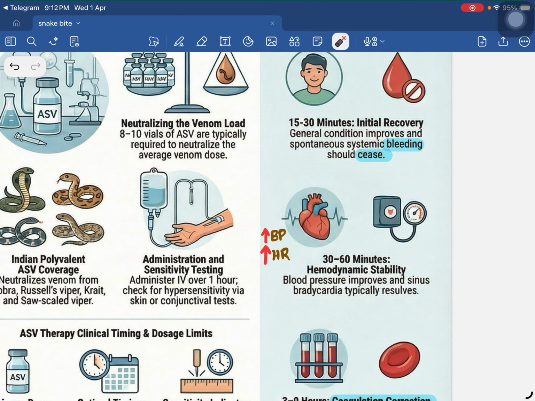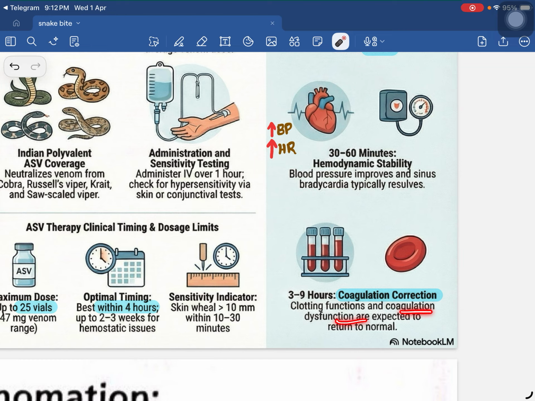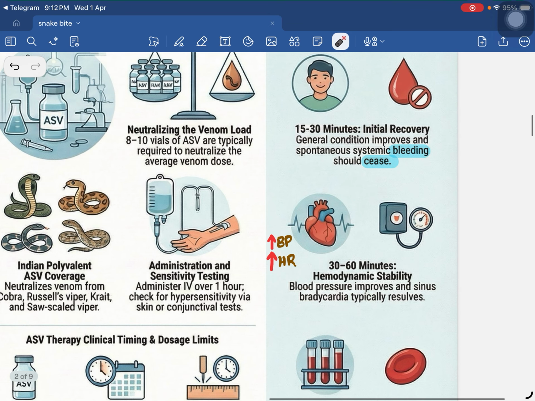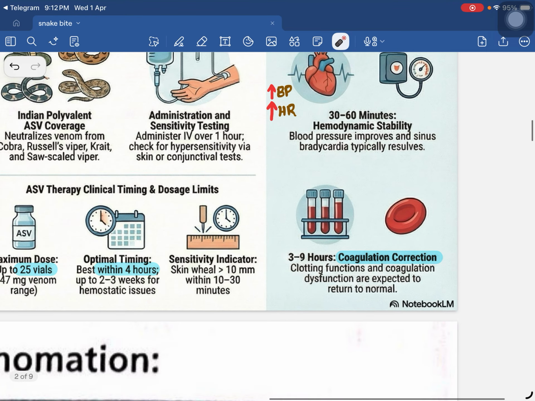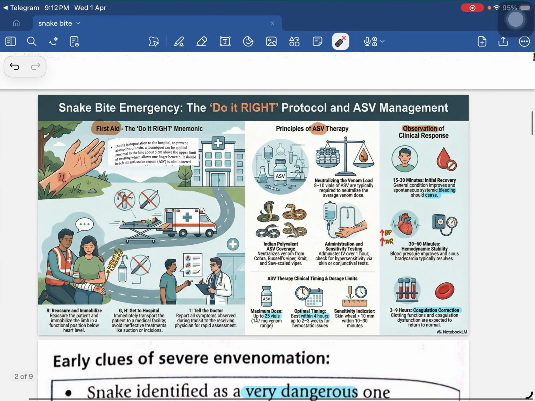In 3 to 9 hours coagulation correction should occur; clotting functions and coagulation dysfunctions are expected to return to normal in 3 to 9 hours. So within half an hour the bleeding should stop, within 1 hour BP and heart rate should increase, and within 3 to 9 hours the coagulation correction should occur. So these are the observations of clinical responses.